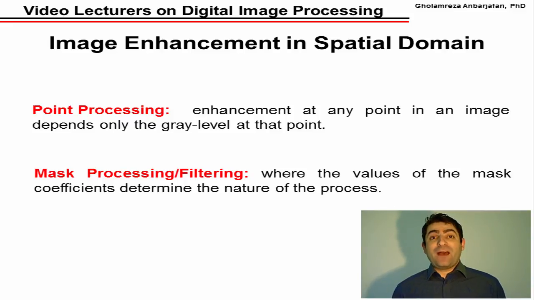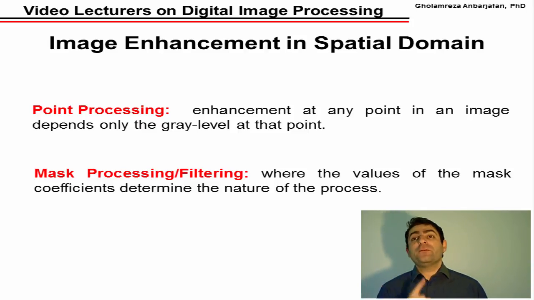Then we have mask processing, as I said. We sometimes refer to a mask as a filter, kernel, template, or window. So if I interchange between the words, you have to know that they are all the same. A mask is a two-dimensional array, let's say 3 by 3 or 5 by 5, defined around a pixel, where the values of the mask coefficients determine the nature of the process.